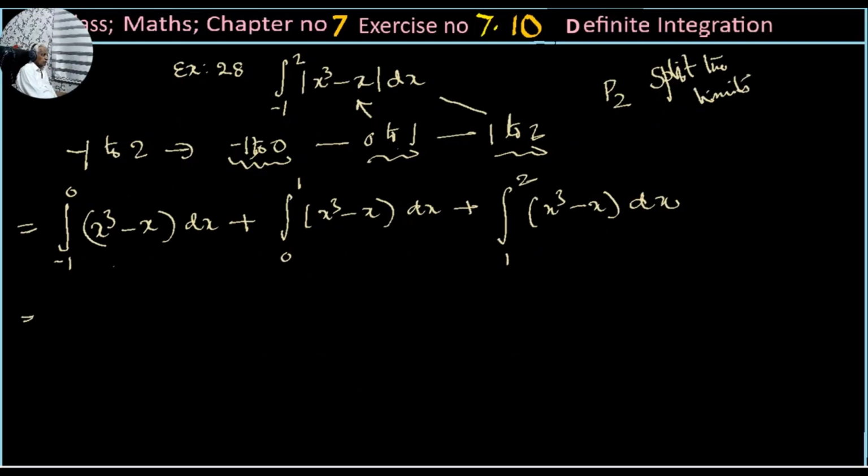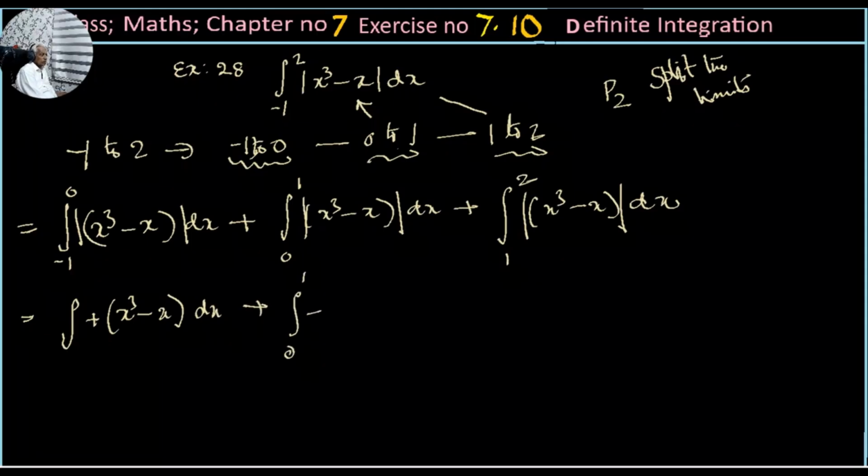Now, since in the region minus 1 to 0 the quantity inside is negative, if you put any x between minus 1 and 0, it becomes negative. So the entire mod function becomes, from minus 1 to 0, positive. So I am writing plus x cubed minus x dx, plus, what about 0 to 1?